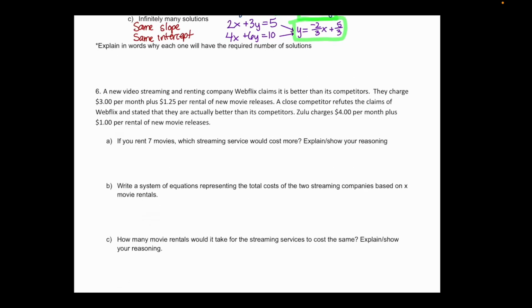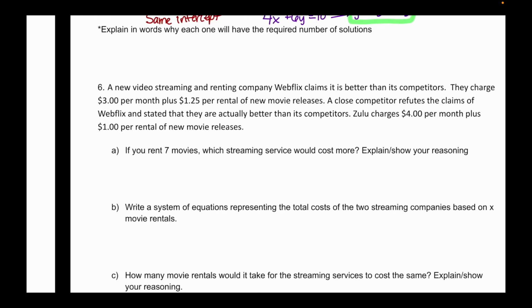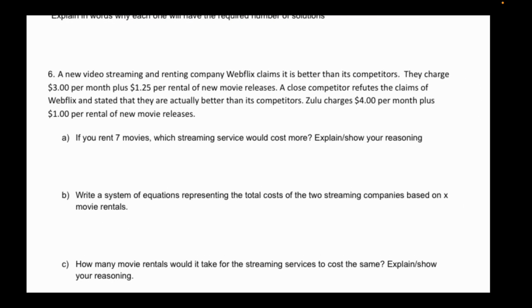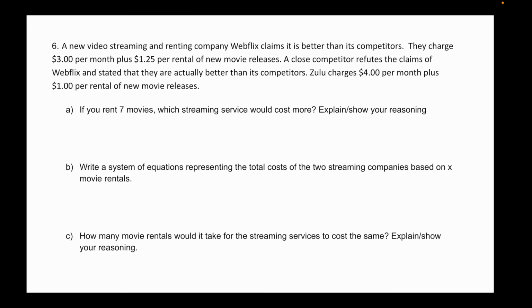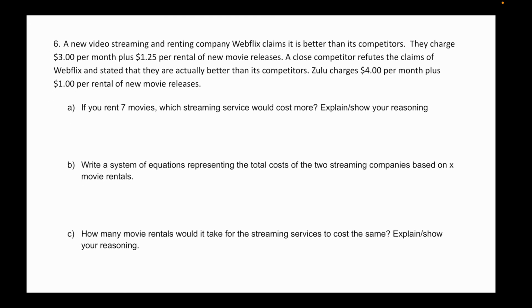And that leaves us with one question left, but there are a couple different parts to it. So let's read through this word problem and then set up our equations, because it sounds like we're going to have to write our own equations. Okay, so a new video streaming and renting company called Webflix claims it's better than its competitors. They charge $3 a month plus $1.25 per rental of new movie releases.